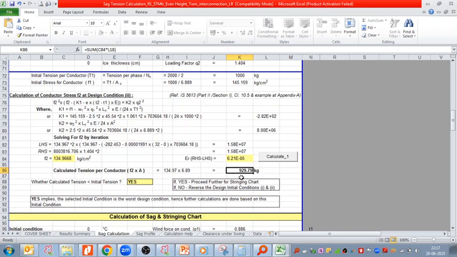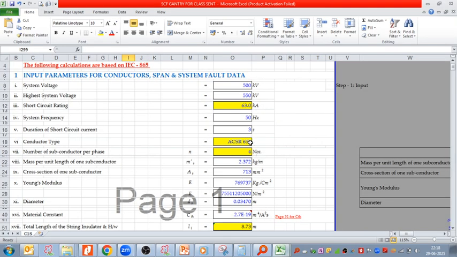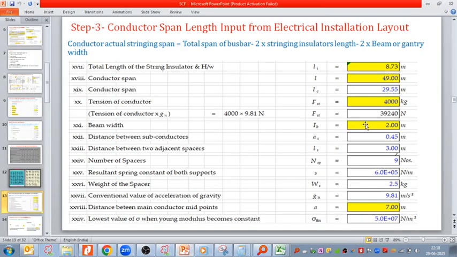So instead of taking the full 1000 kg per conductor, they will take 929.79 or 930 kg per conductor. So 930 multiplied by 4, right? They consider this value in the calculation instead of taking this one. This is one approach difference.